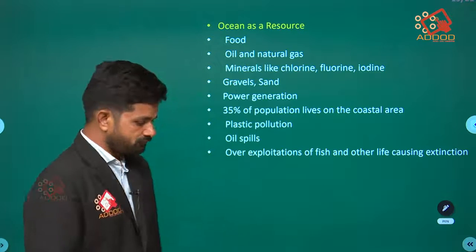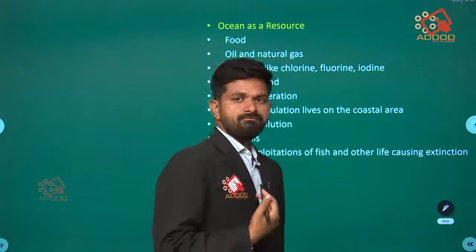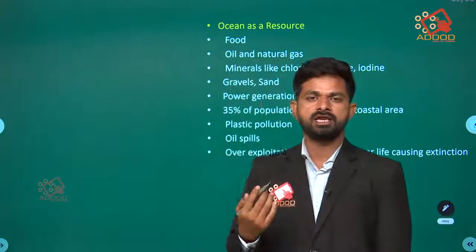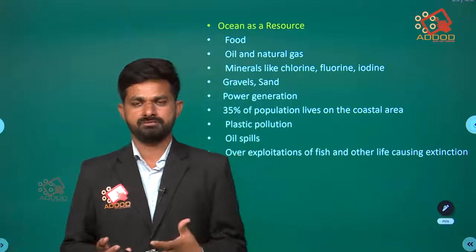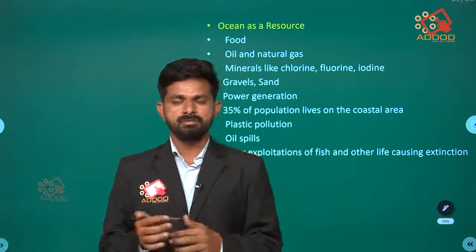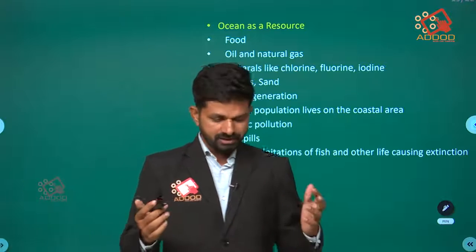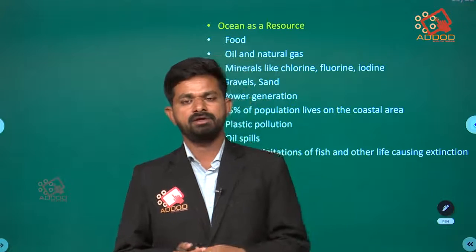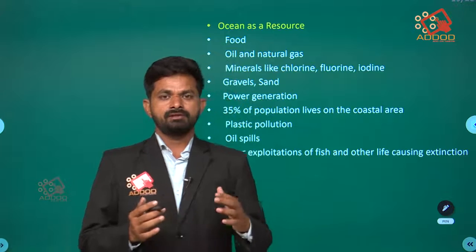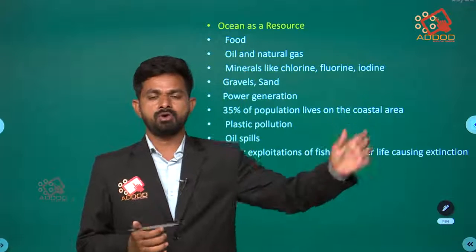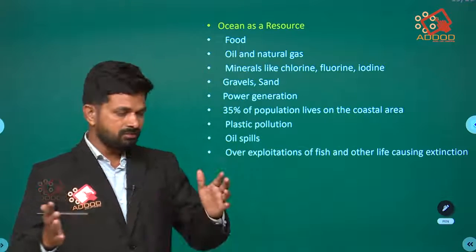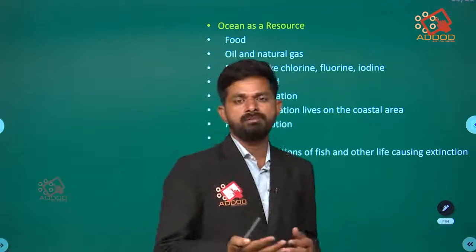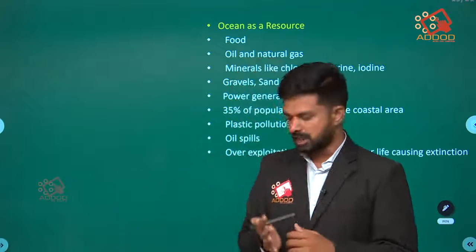And the other thing is food. Fish, we already studied that the continental shelf is the region where we get a huge amount of fish catch. The best fish catch is in this region only, except whales and other big life that go deep into the open oceans, but all the fish that are useful for food will be available on this continental shelf only.